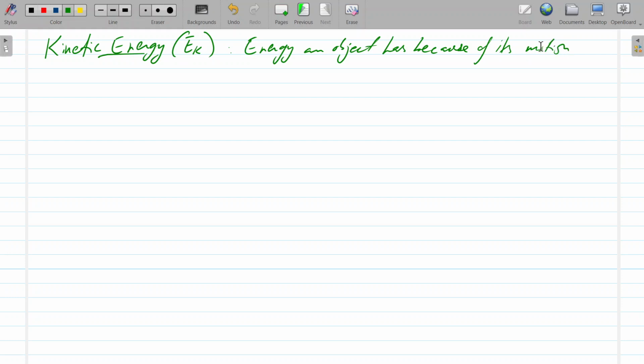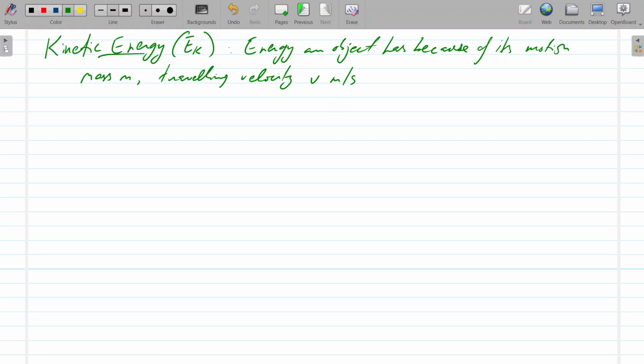So an object with mass m, traveling with a velocity of v, meter per second.